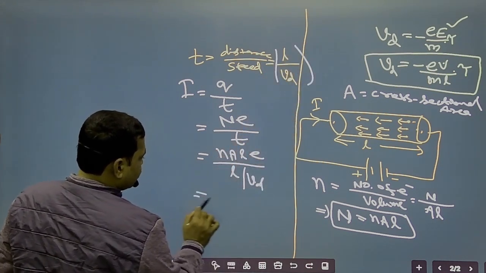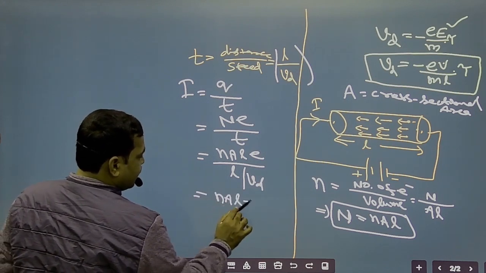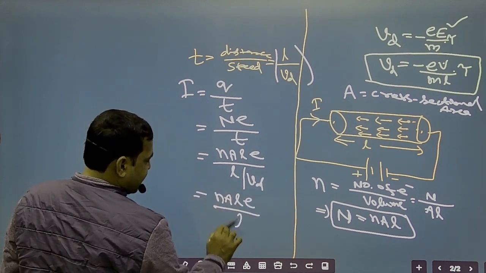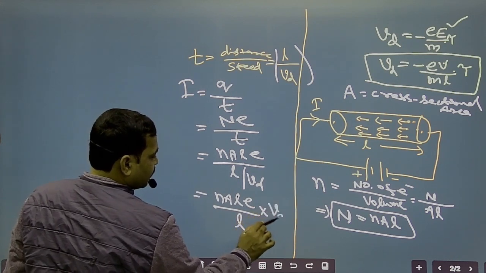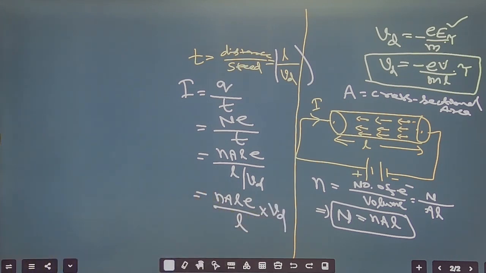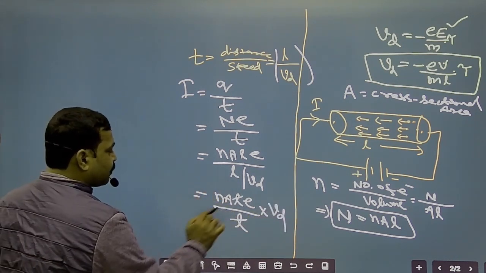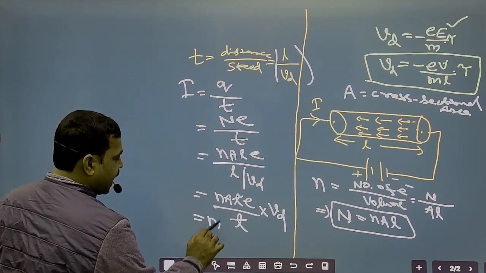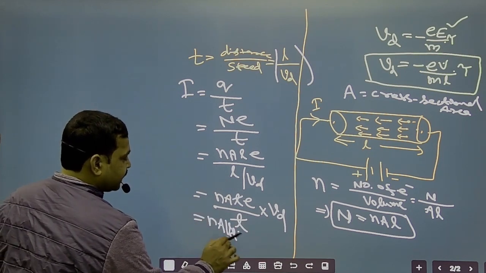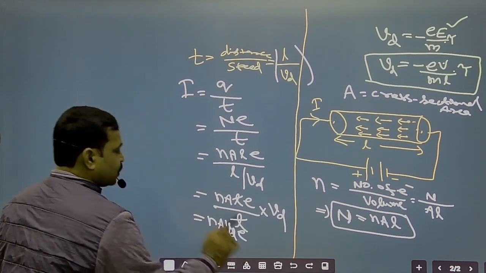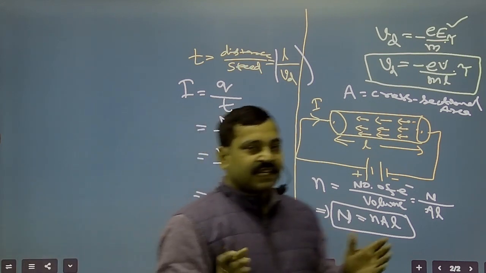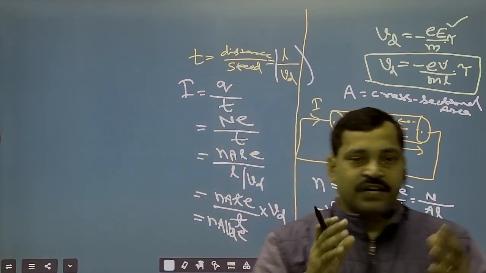So here this will be nALe upon L by Vd. Vd will be taken to the numerator. So this L and L cancel out. So we will be getting nAVd e, right? So we get the derivation for the current.